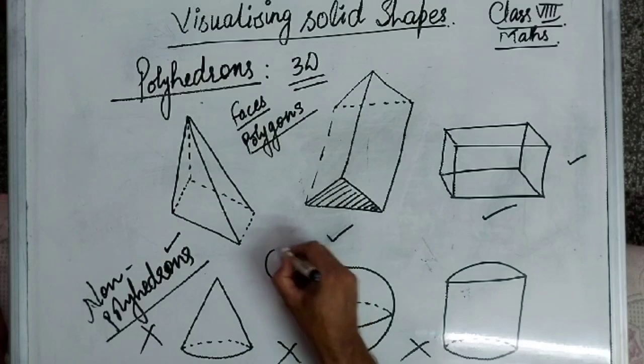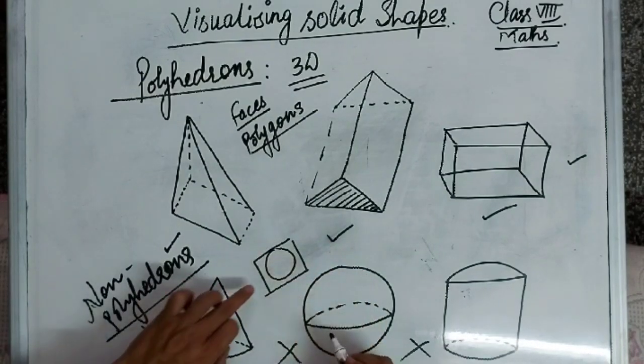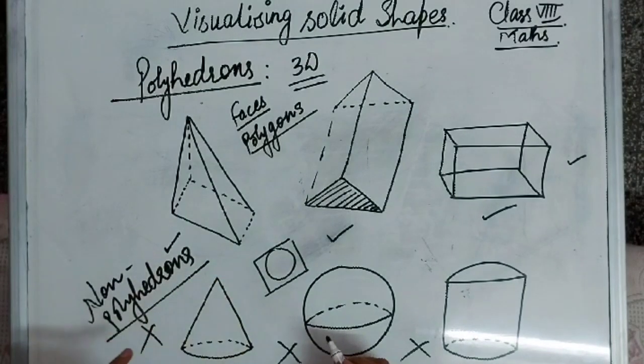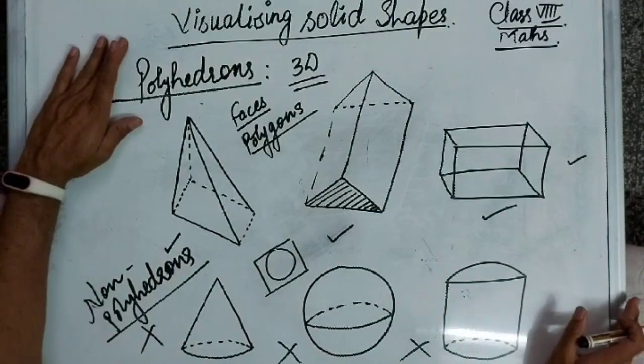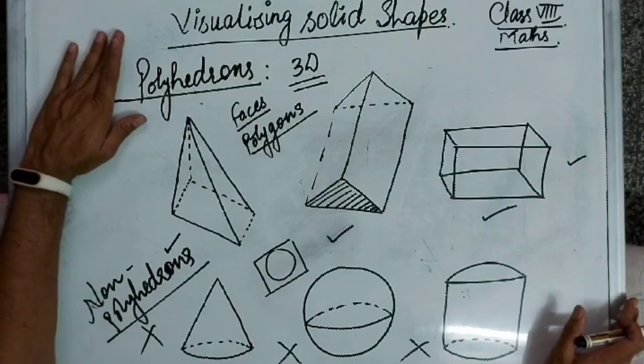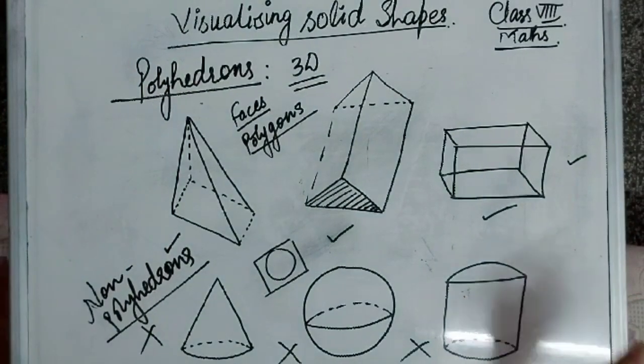If a circle is present in a three-dimensional figure, then the figure will not be a polyhedron. So what is a polyhedron? A polyhedron means a figure having all faces as polygons.